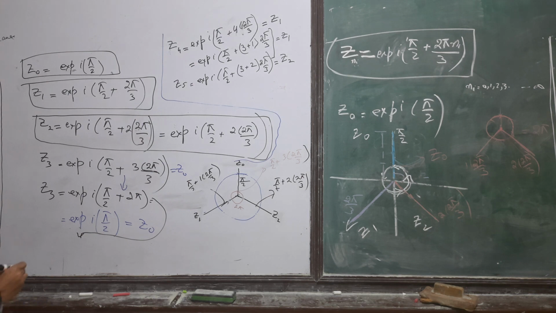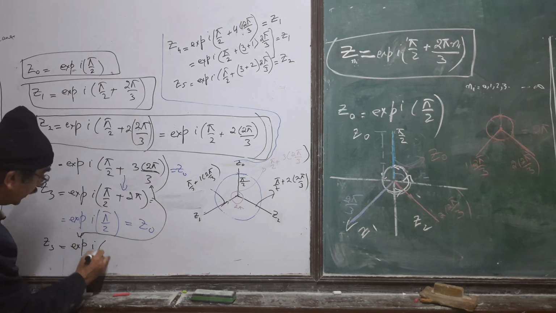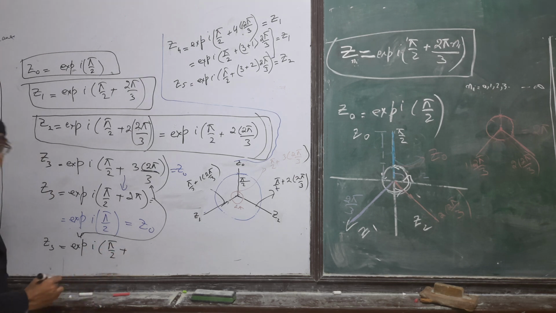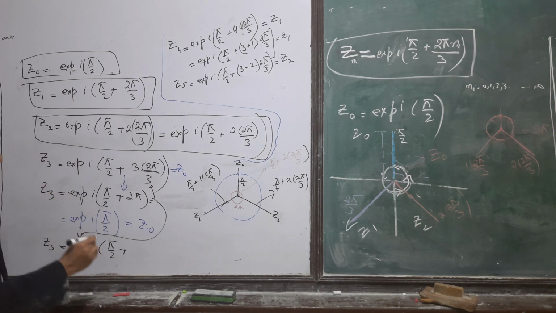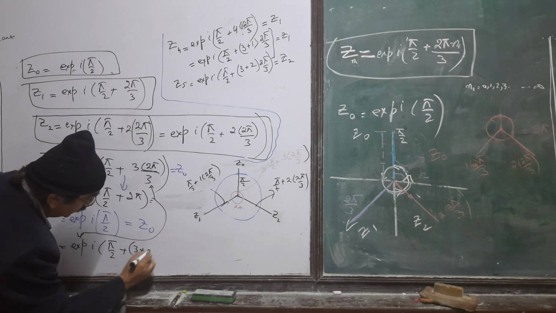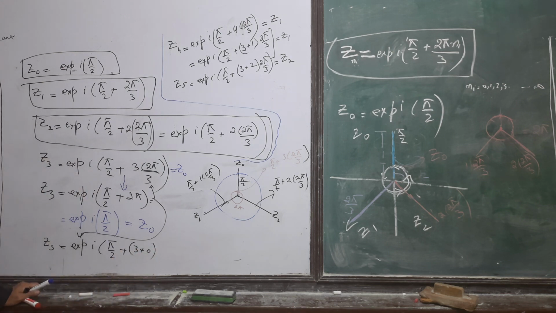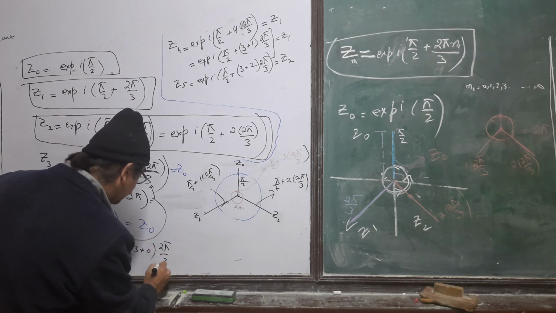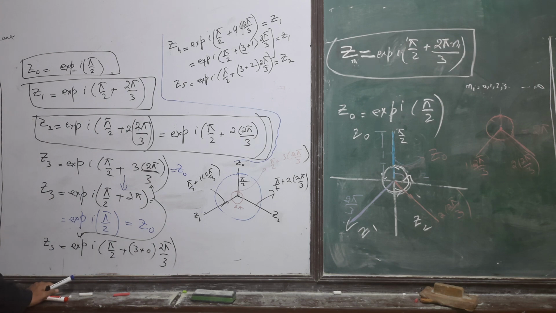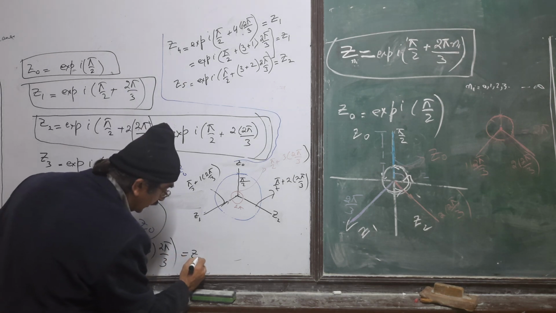This Z3 may be written in this way. This, which was a Z0, may be written in this way: pi by 2 plus pi by 2, 3 plus 0, 2 pi over 3. And this will be a Z0.